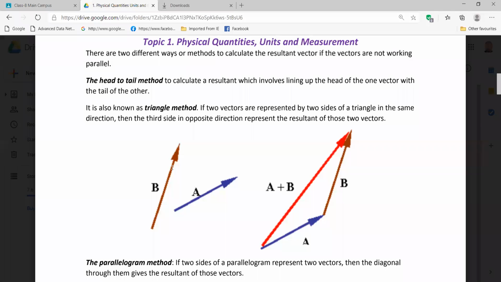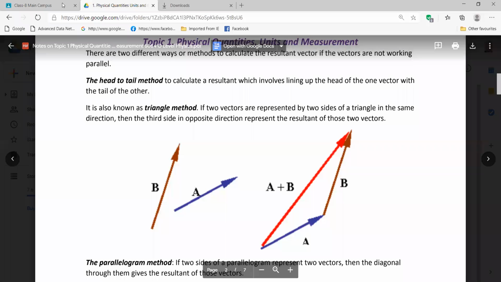For example, this vector is given as 3 Newton. For example, we are making it simpler for our understanding, right? And this one we are getting 4 Newton.